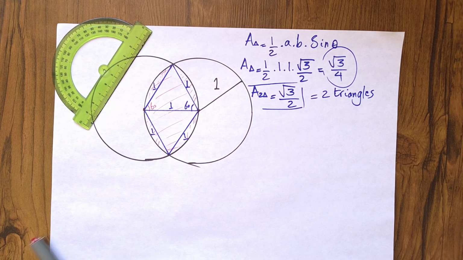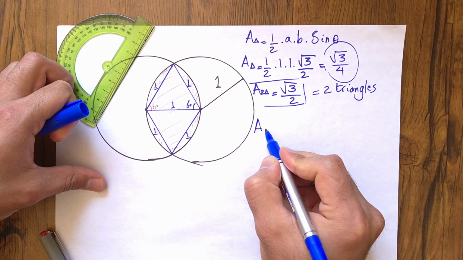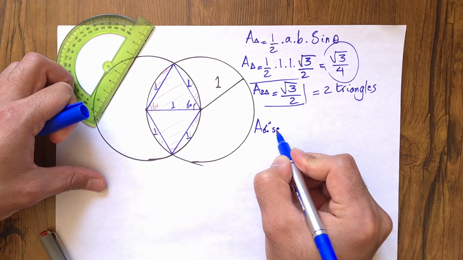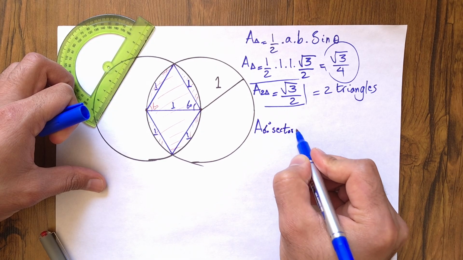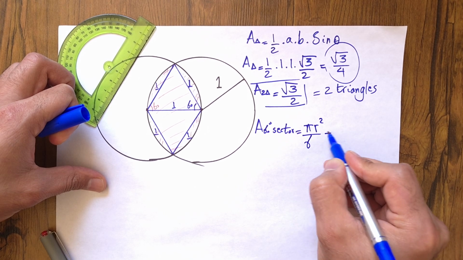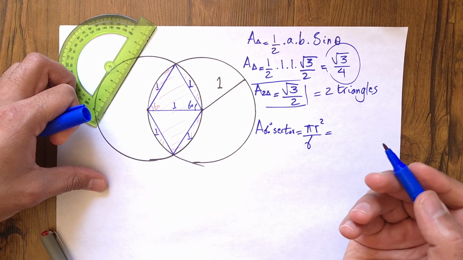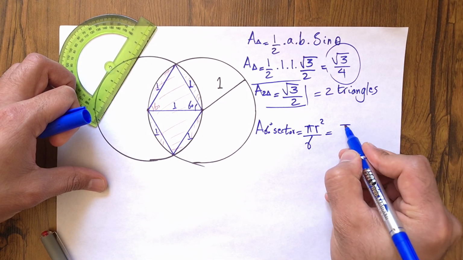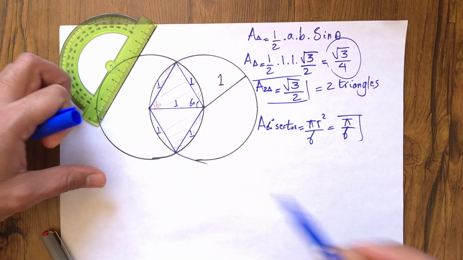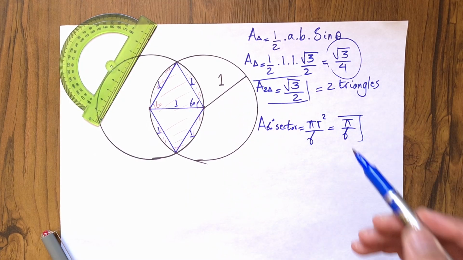So the area of the 60-degree sector equals pi r squared over 6. Since the radius is just 1, the area of the whole circle is just pi, so we can say it is just pi over 6. So that's the whole sector. Now we need to subtract the area of one triangle from this one.